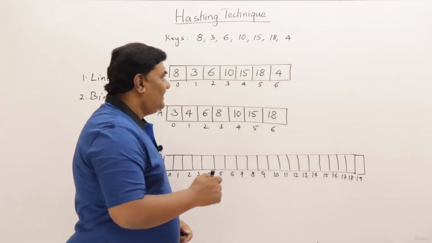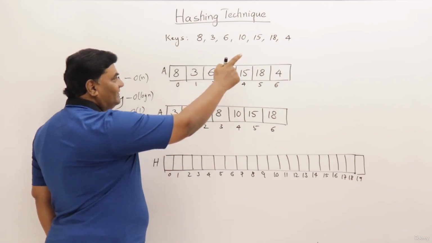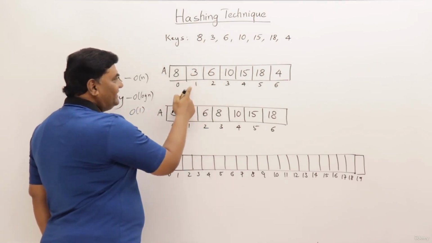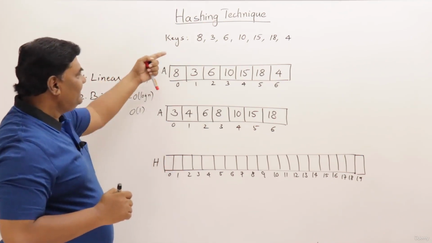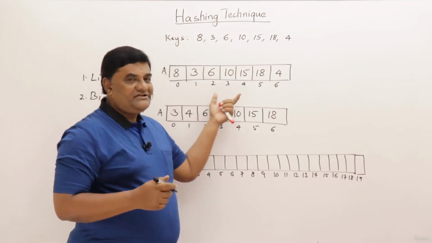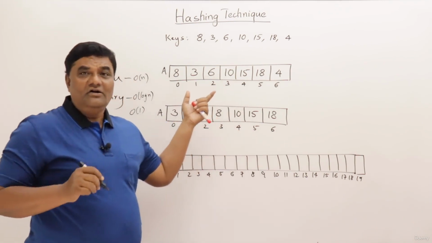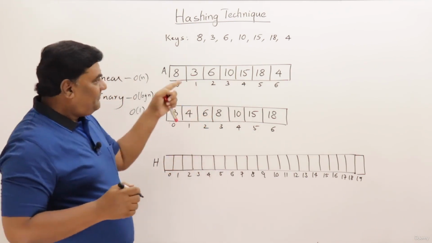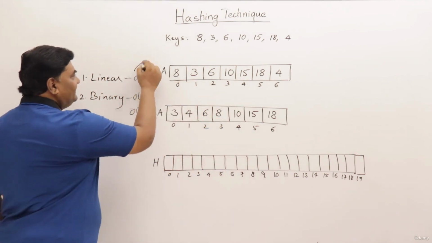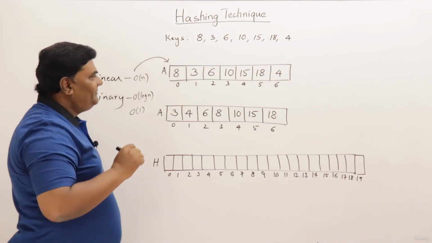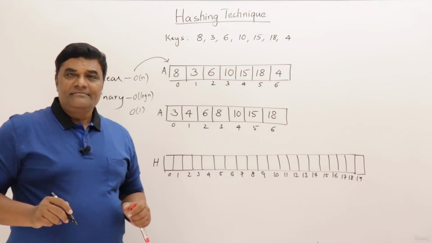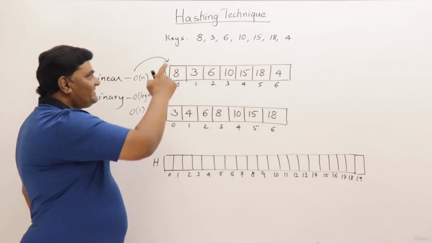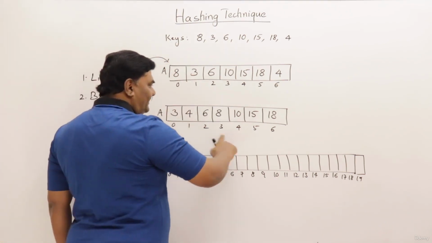For explanation, I have taken a set of keys, and these keys are stored in an array in the same order they are kept. If the keys are kept as they are in an array, not sorted and not in any order, then upon this we can perform linear search. For linear search, we don't need keys in a particular order. Next, I have kept the same keys in sorted order.